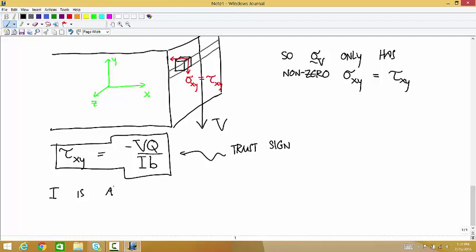I is the area moment of inertia, the same one that we used for the stress due to bending.